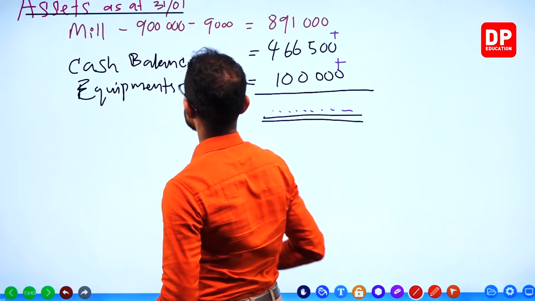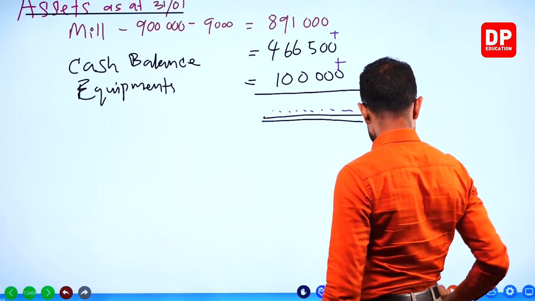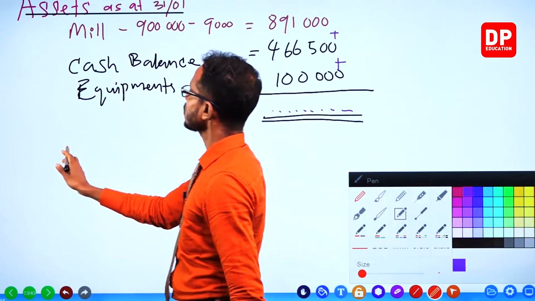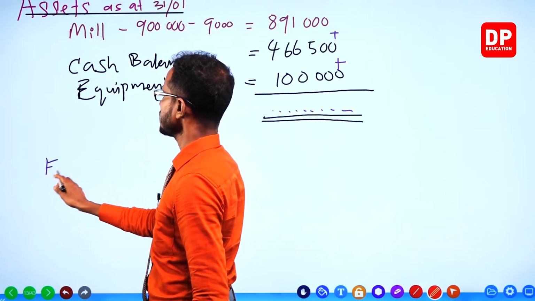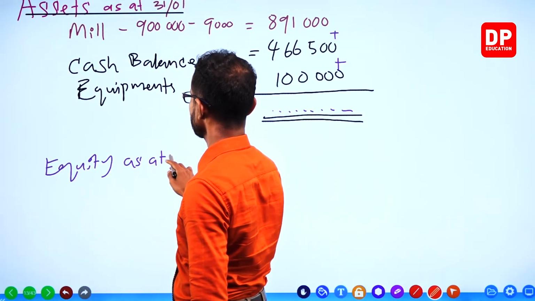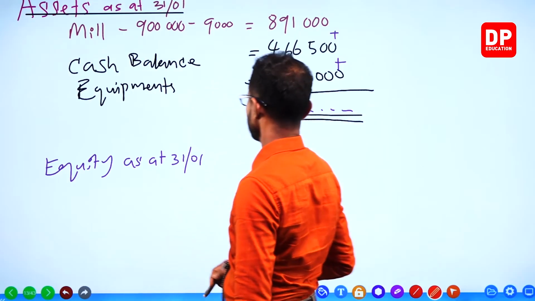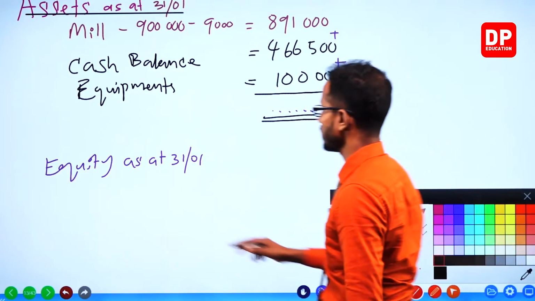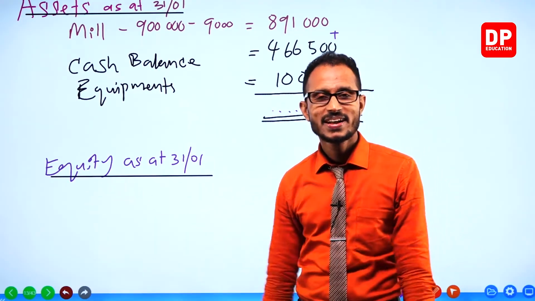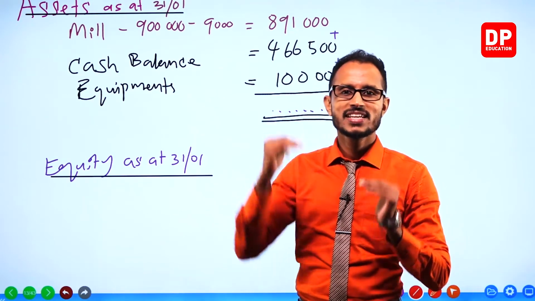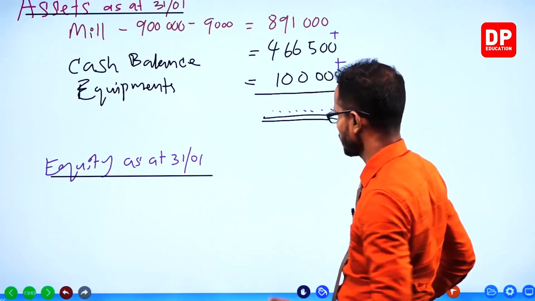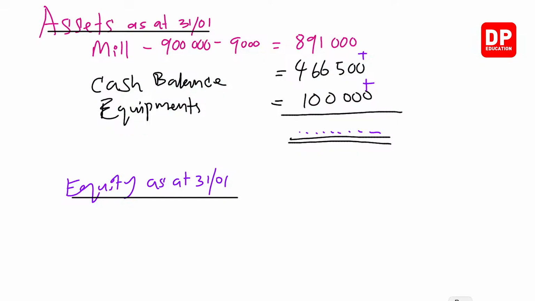Closing equity is easy. Take the opening equity or opening capital and add the net profit. Because there are only two events that can increase equity: profit or additional capital invested. Raja didn't invest additional capital. Take the opening capital.